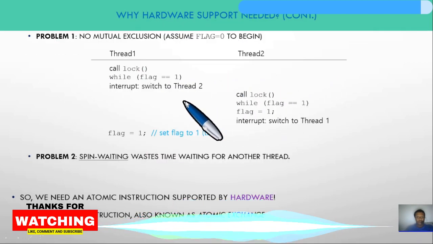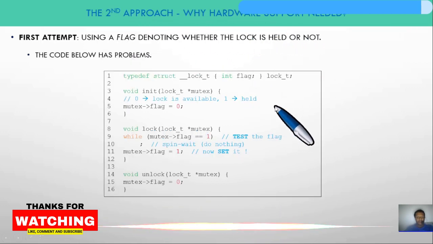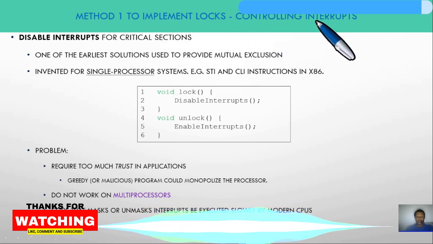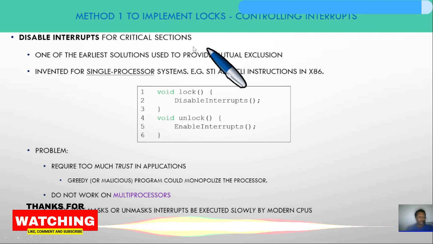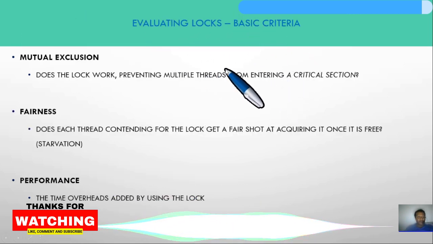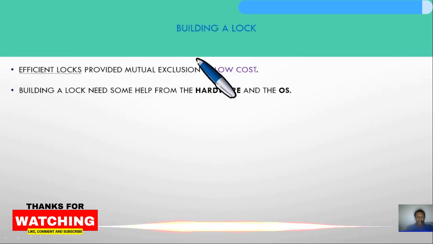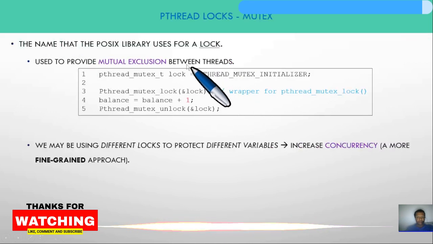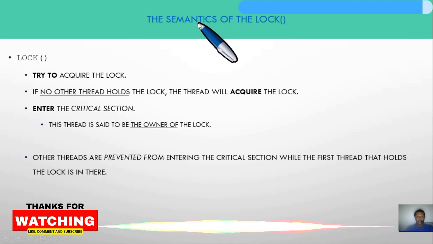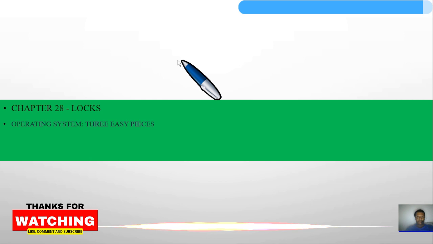We have seen all these concepts: why hardware support is needed, and the approaches. The first approach is to control the interrupt, disabling the interrupt. Evaluating locks and basic criteria: mutual exclusion, fairness, performance. Building a lock, Pthread locks, the concept of mutex, and the semantics of the mutex, the basic idea.